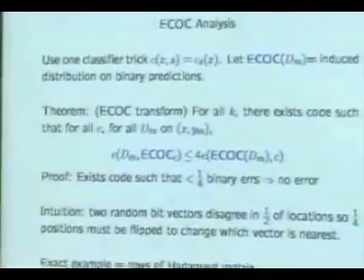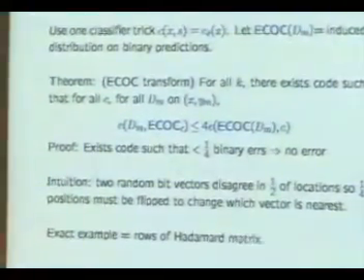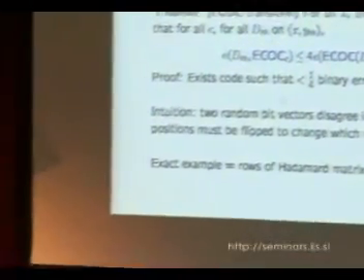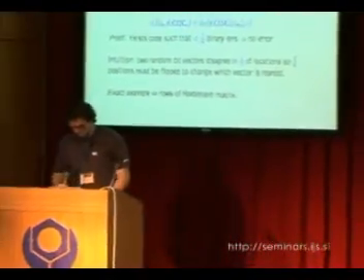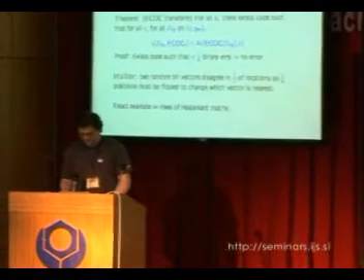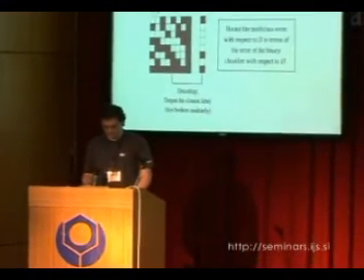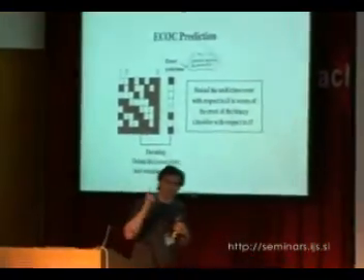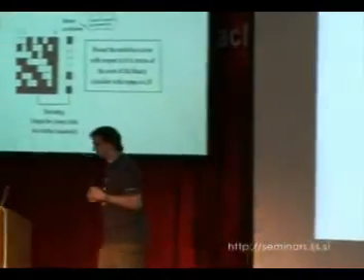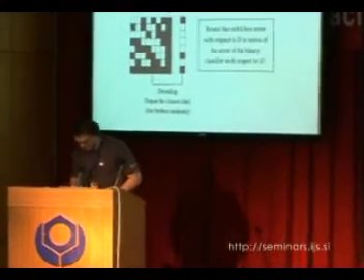And the expected difference between two columns is going to be half of the length of the column. I guess the general construction is called a Hadamard matrix. Let me show you later. The Hadamard matrix is pretty fun.